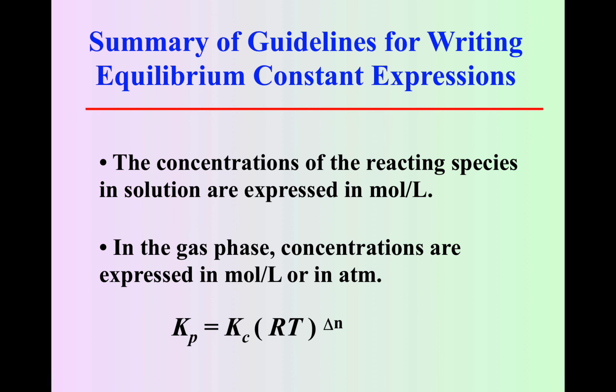All right, so summarizing. Concentrations of the reacting species are always in moles per liter, so we don't use any other concentration unit. And the brackets in the law of mass action represent moles per liter. If we have a Kc expression and we want to know what the Kp value is, we can plug into this conversion factor to go from Kc to Kp or Kp to Kc.